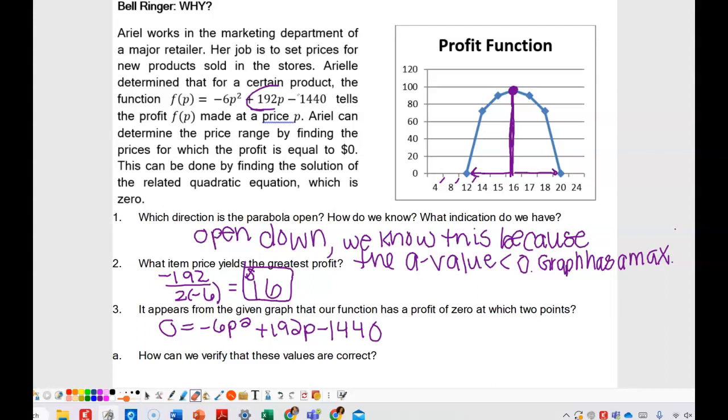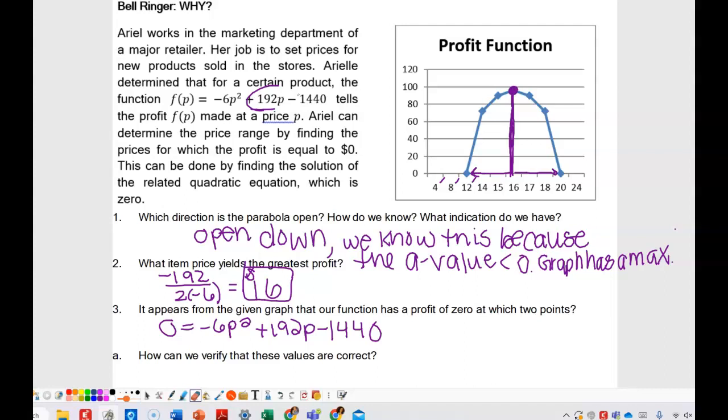So you could reverse FOIL and factor it. But in the case of your graph, your points are a little bit nicer looking than this.